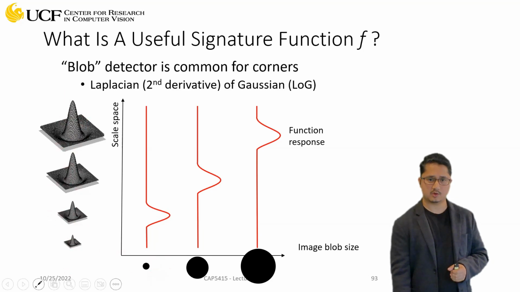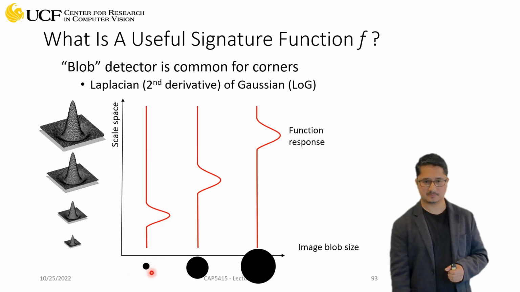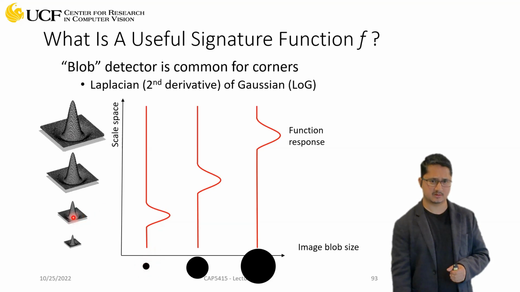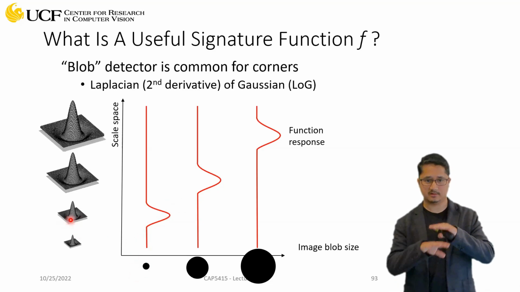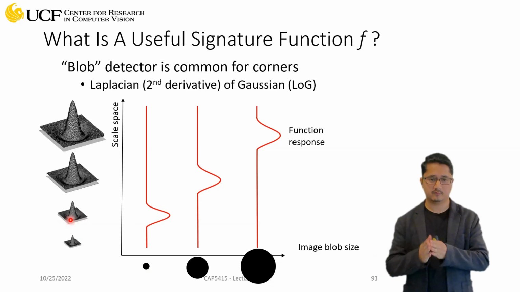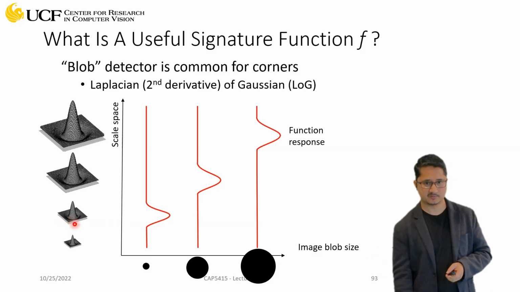So if you have a small blob, something like this, and it matches the size of this kernel here, you will get a very high response. Again, this is just filtering. You are using this as an image patch, and you're using this as a kernel. You know that if you perform filtering, it's just doing pattern matching.